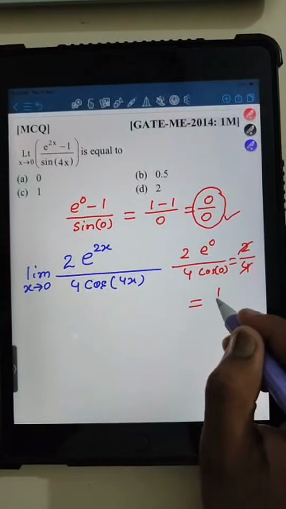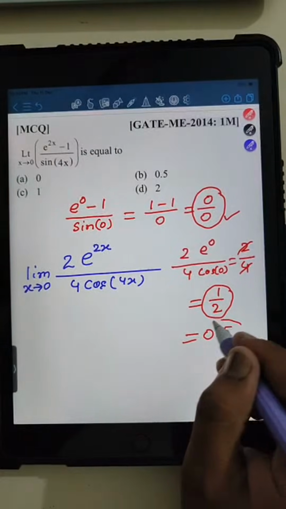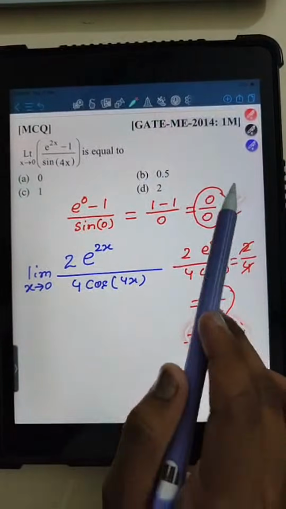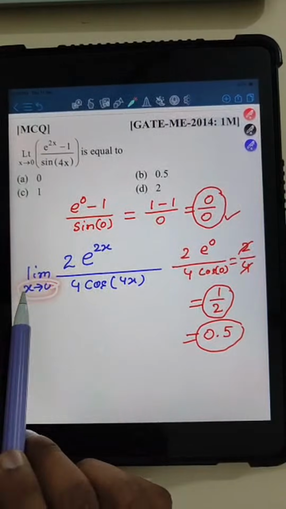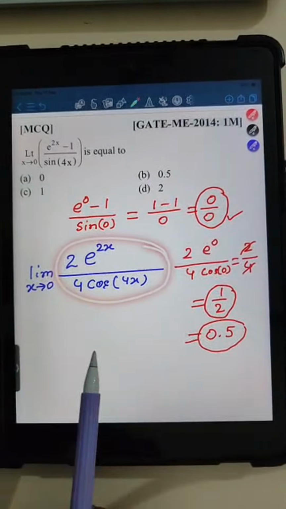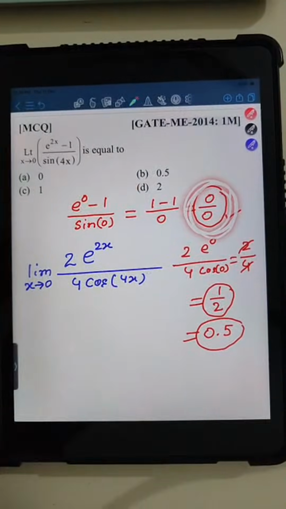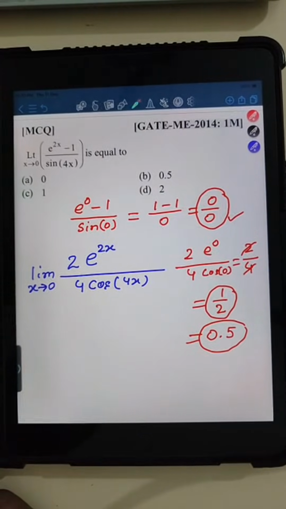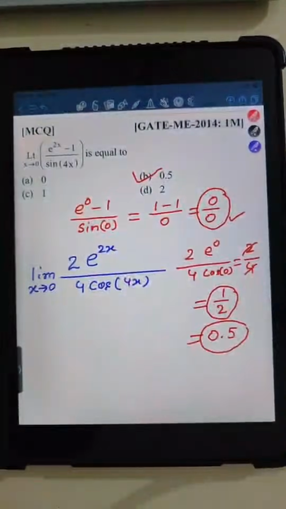So you will get 1 by 2, that is nothing but 0.5. That means the value of this particular limit will be 0.5. This indeterminate form has been removed, right? We have just taken x equal to 0 in the numerator and denominator part in order to check whether this indeterminate form has been removed or not. We have got 0.5 as the correct answer. So option B will be the correct answer.